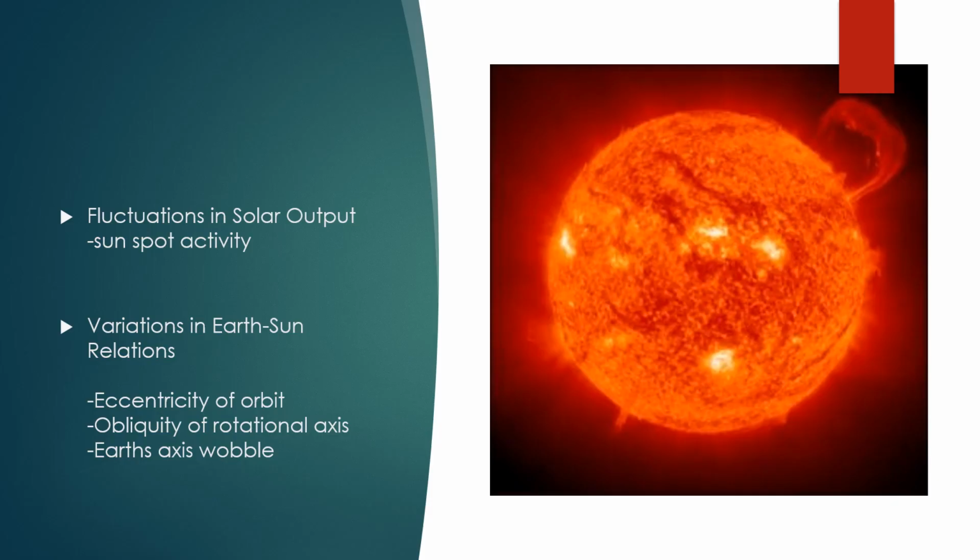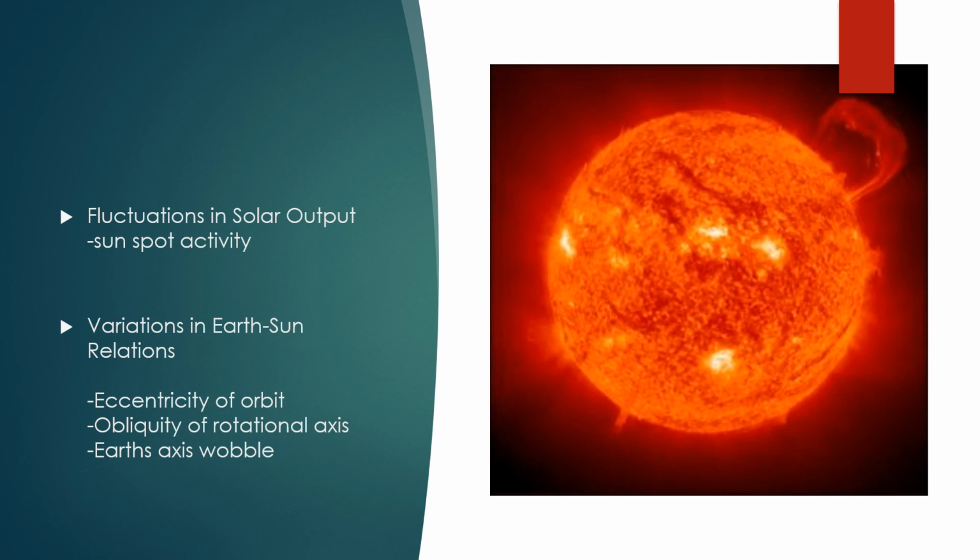Fluctuations in solar output. So there is a link between past climates and variations in the energy output of the sun. And we've been looking at that for a long time. So researchers have looked at connections between climate and sunspot activity, for example.